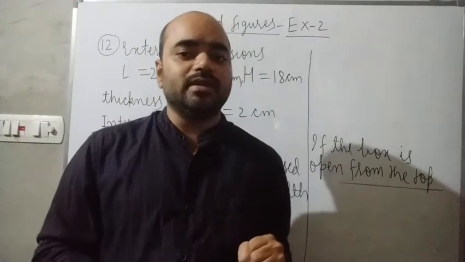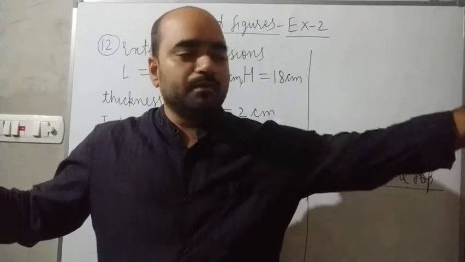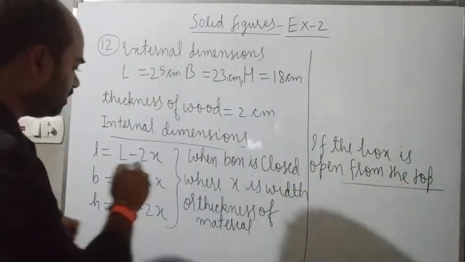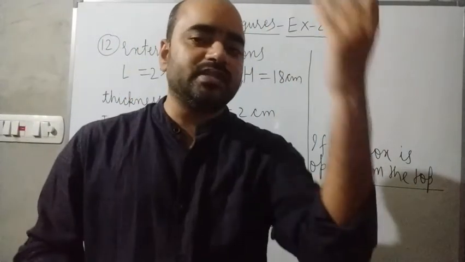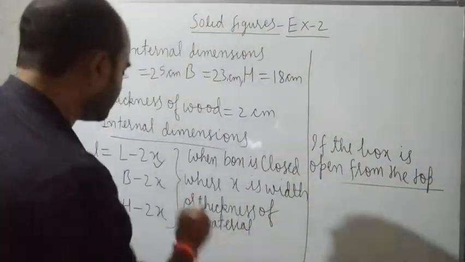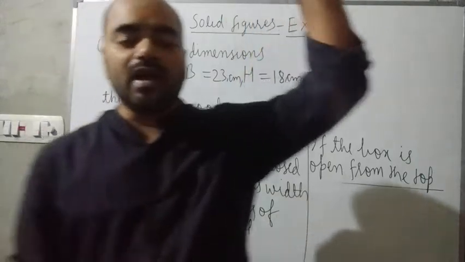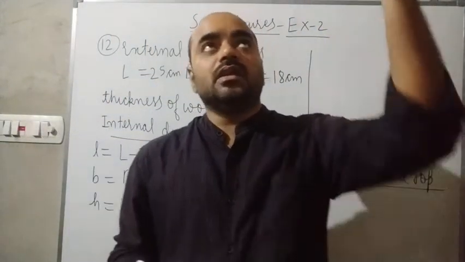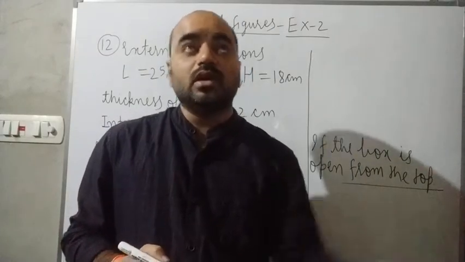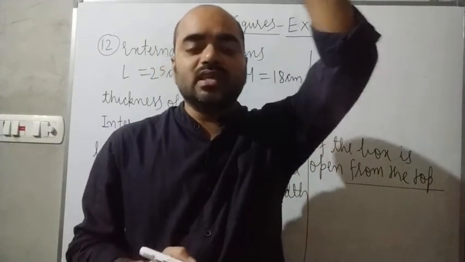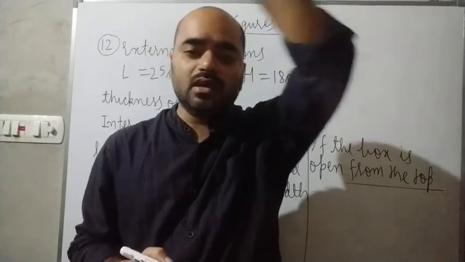So how to find the dimensions? For the length, both side faces are there, then no problem, it will be the same. For the breadth, again two faces are there, so breadth is also the same. But when you find the internal height, the width is present only in one face, that is the bottom or floor, but width is not present in the ceiling. Why? No material is there, no face is there.